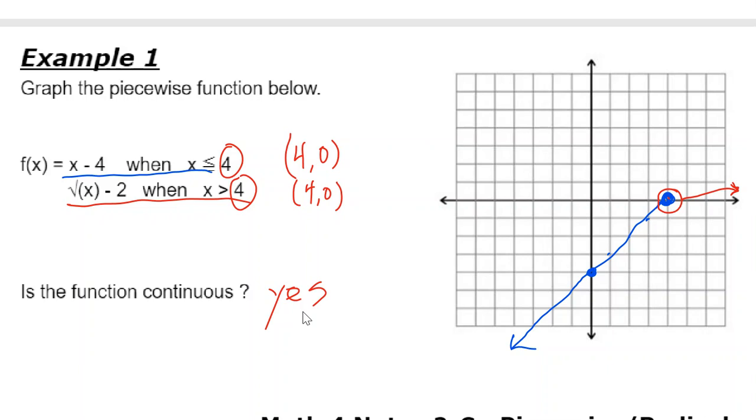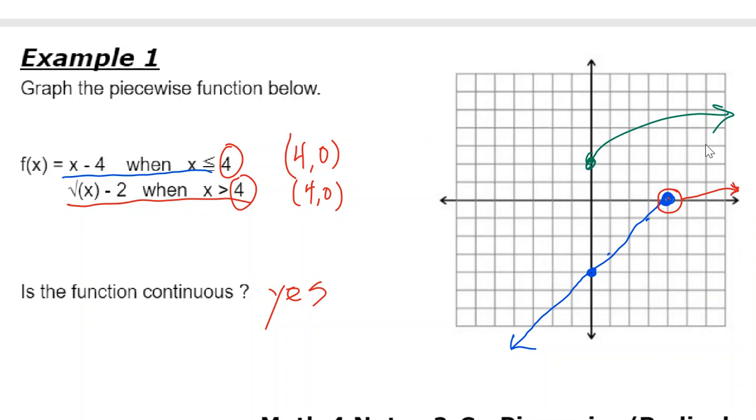Perhaps the most rigid definition says that you must have a line that goes from negative infinity on the x to the positive infinity on the x with no breaks like this. Now, this particular graph in front of us would fit that definition. But if we were to have somebody that did say this, start here and go that way, there are some that would argue that this is not continuous because it doesn't go forever in both directions.